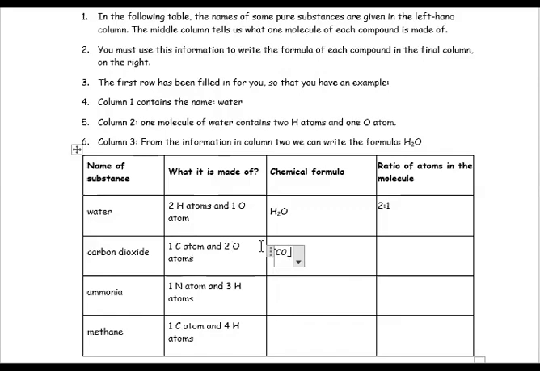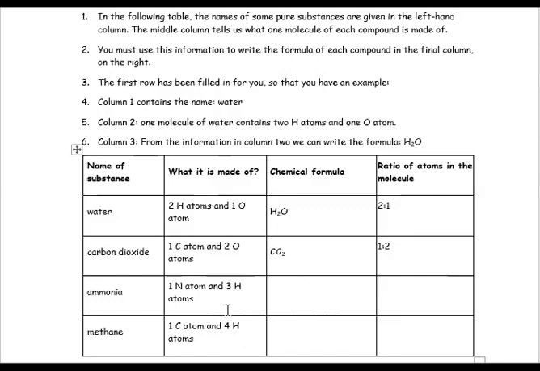So we know that there needs to be a subscript of 2 next to oxygen. Okay, I hope this is making sense. And if I want to make a ratio of the atoms in that molecule, it's just 1 to 2 over there, right?